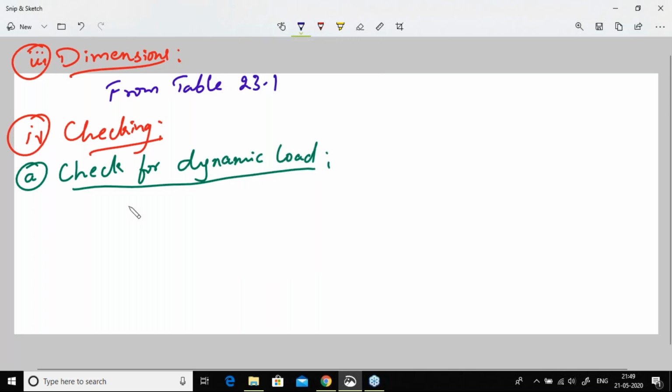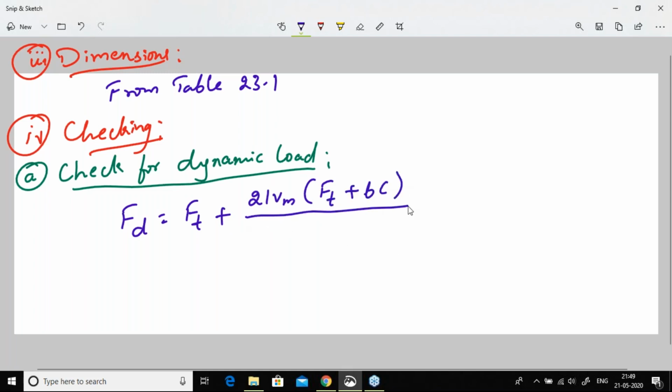So we have the equation for dynamic load, that is Fd equals Ft plus 21 Vm into (Ft plus B into C) divided by 21 Vm plus square root of (Ft plus B into C).